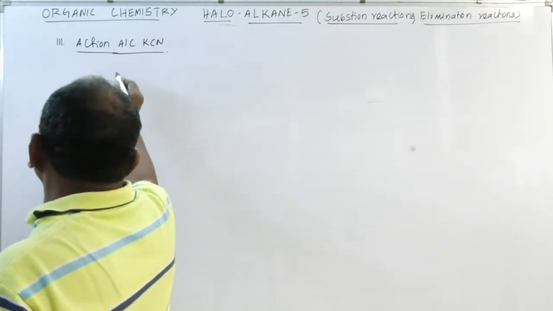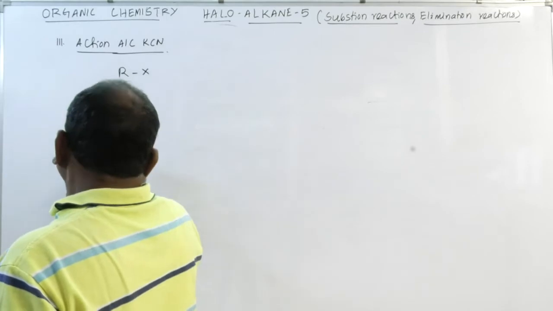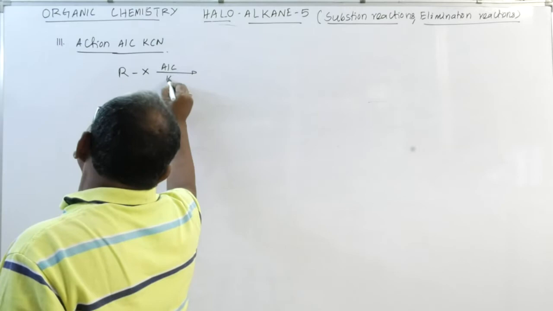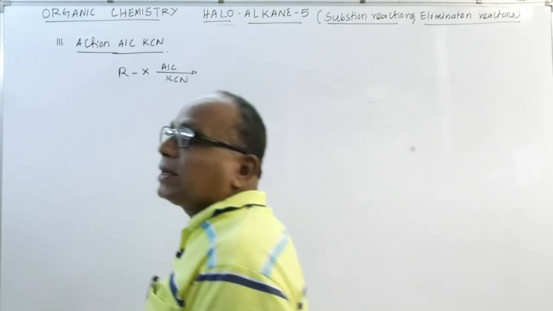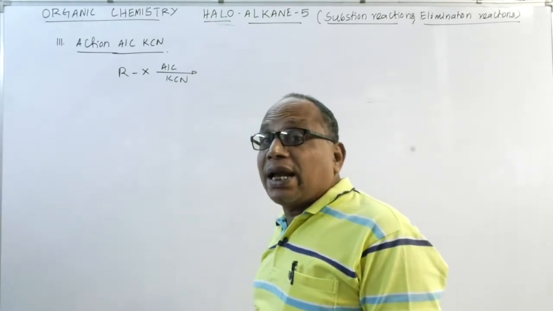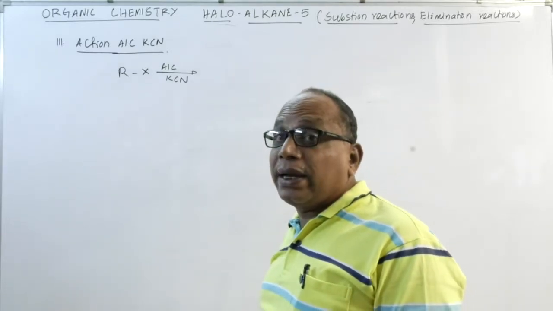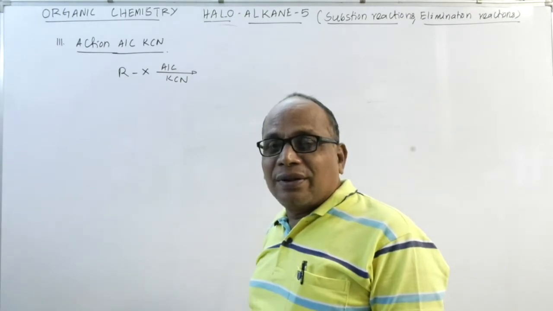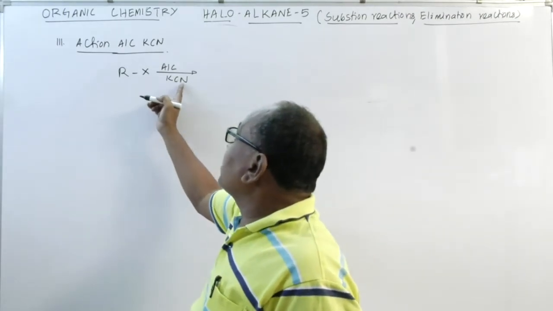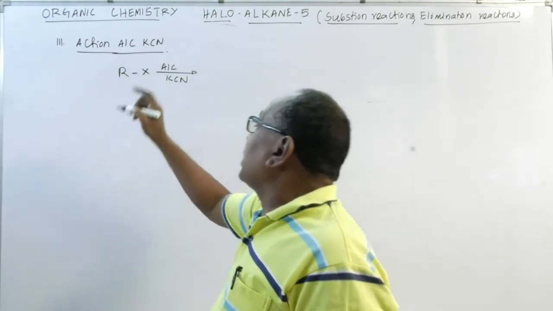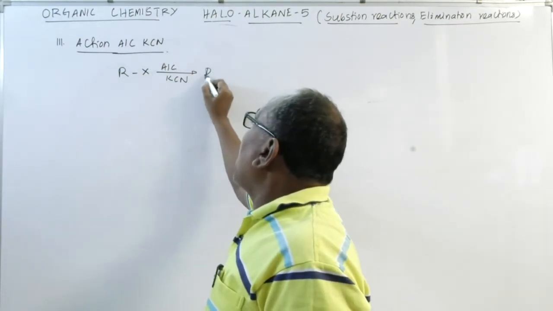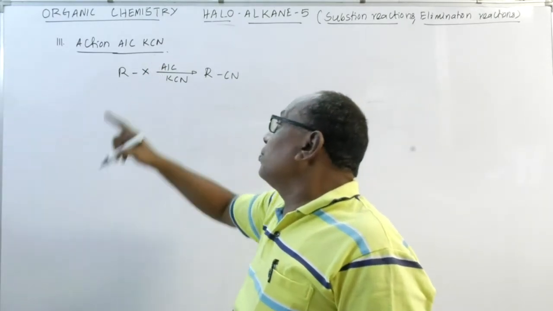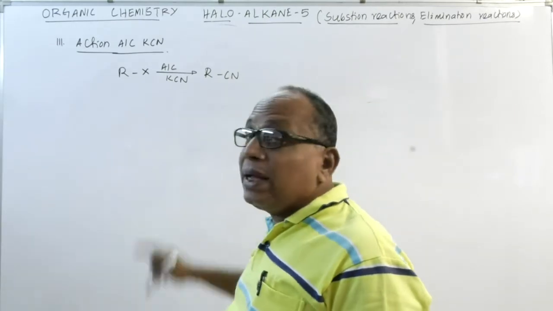So when alkyl halide reacts with an alcoholic solution of potassium cyanide, means potassium cyanide dissolved in alcohol. Mind it, potassium cyanide is deadly poisonous. So when potassium cyanide reacts with alkyl halide, this can be RCN. Substitution reaction, the halogen atom of alkyl halide gets substituted by the cyanide ion.